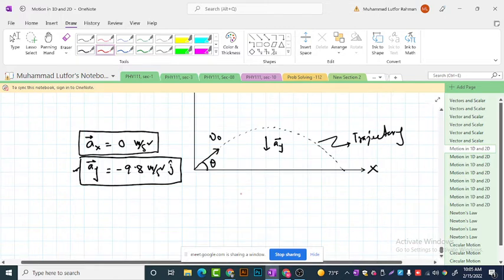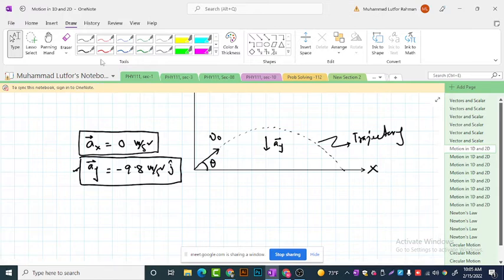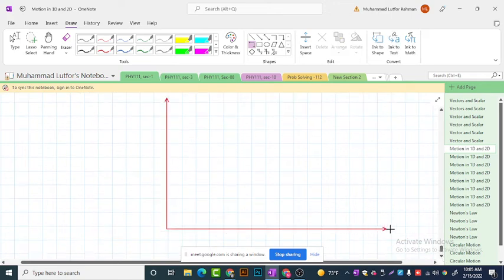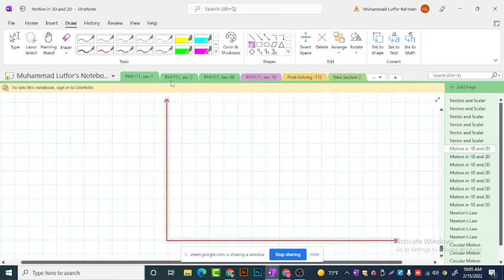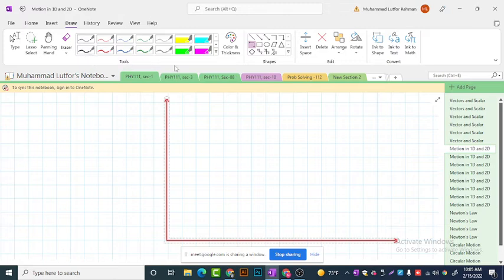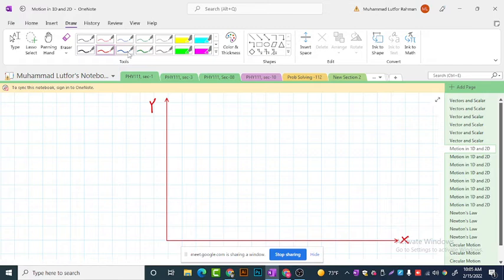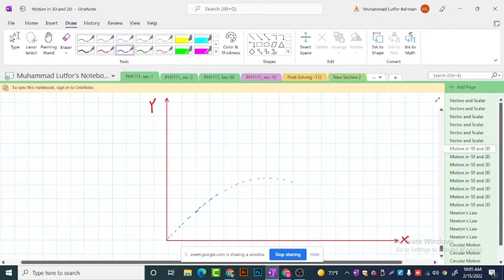Now, if I want to draw this motion, say I want to draw it on a bigger scale for you. This is my x-axis, this is my y-axis. Say I projected a particle in the air and it follows that trajectory.